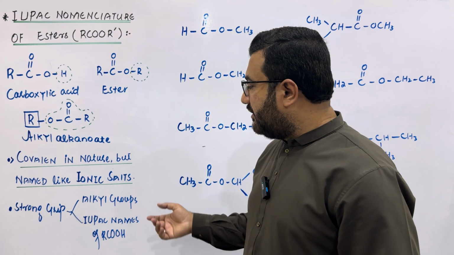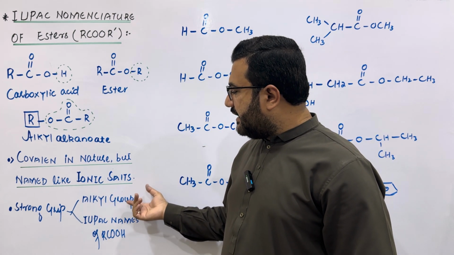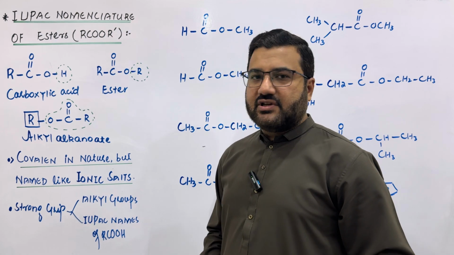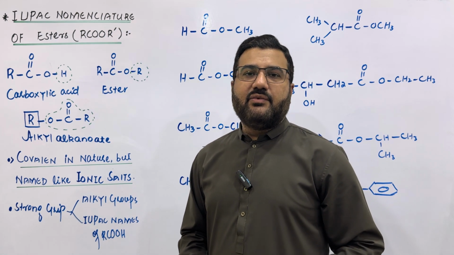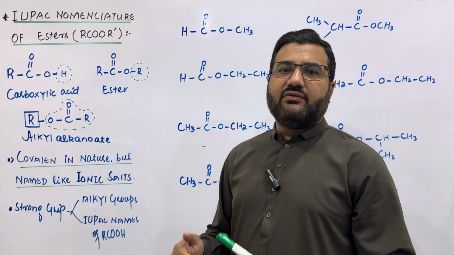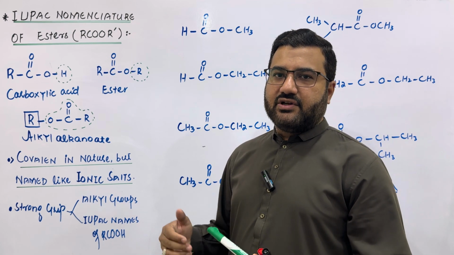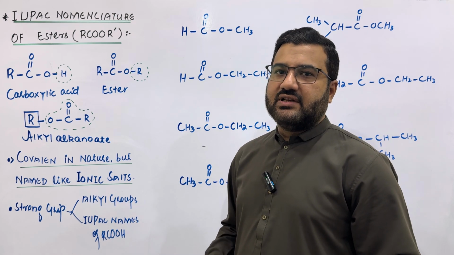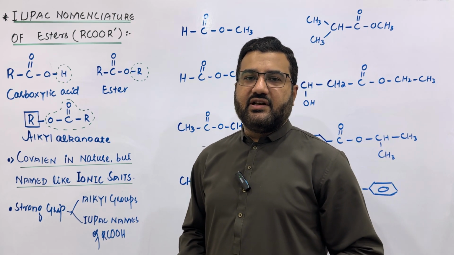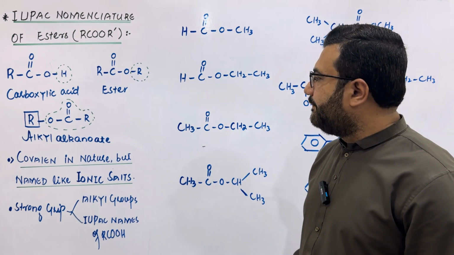I have already delivered a lecture on the alkyl groups and IUPAC names of the carboxylic acids. The link will be given in the description of this video. You can watch those video lectures to have a good concept of the alkyl groups as well as the IUPAC nomenclature of the carboxylic acids.